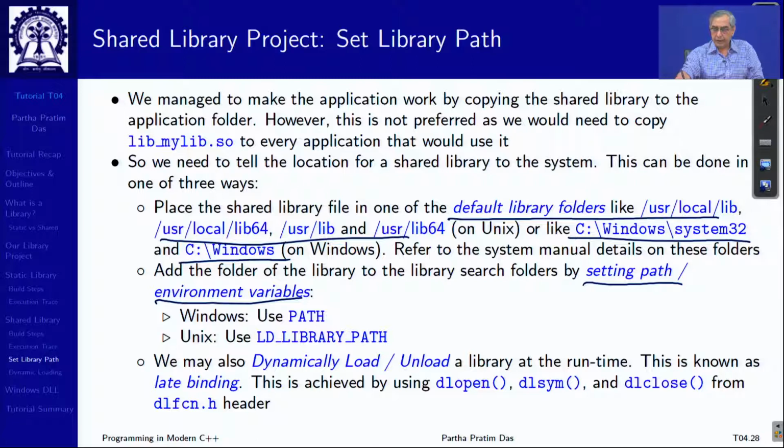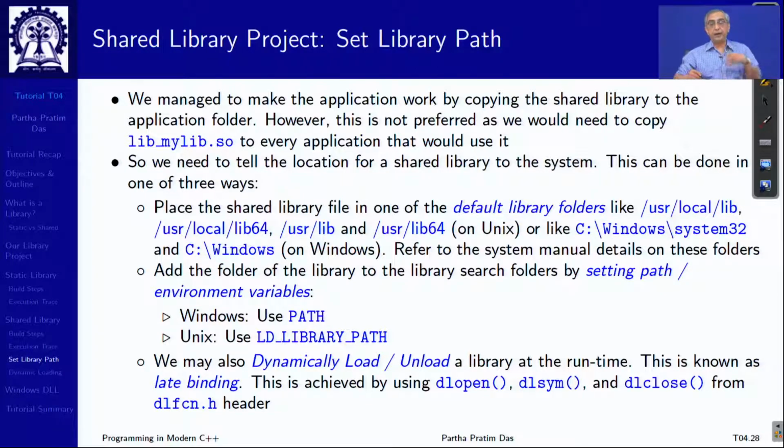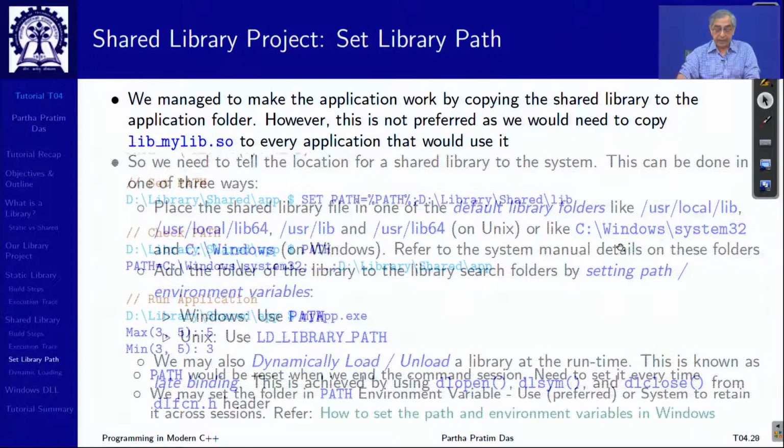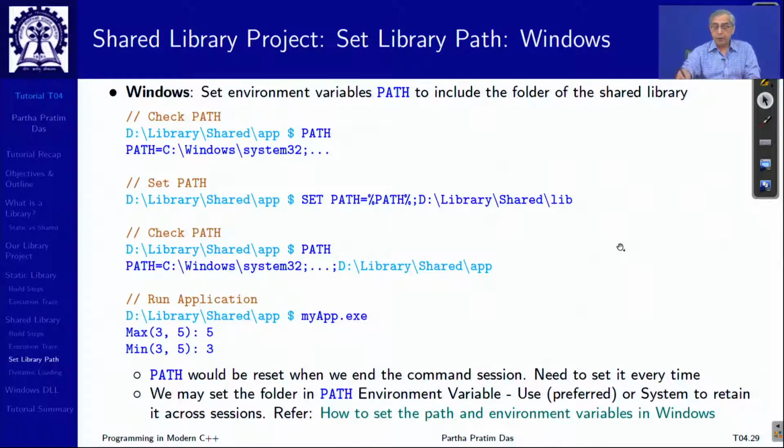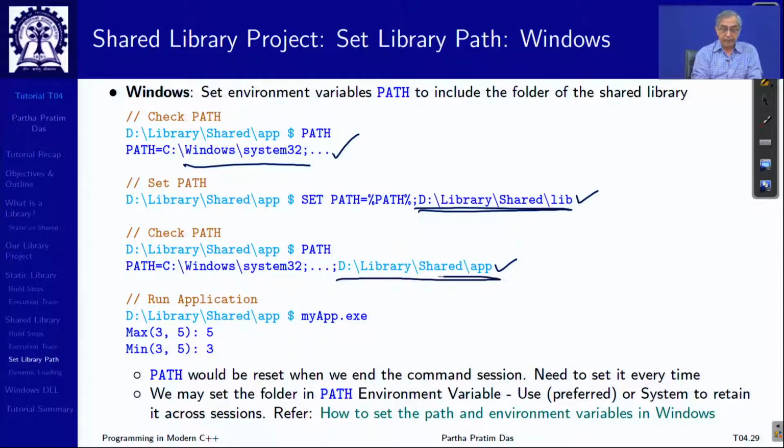Alternately, there is a third mechanism that you can dynamically find and also use at runtime through the program. If you do the set path, you can do something like this, and then you check that the path is correct. So, you have added, along with this path, your own path where your library .so is. If you check, you will find it there, and then your application runs fine.